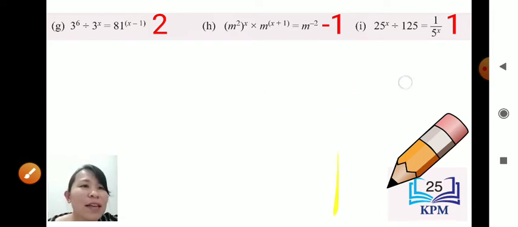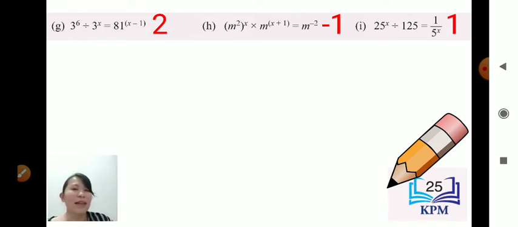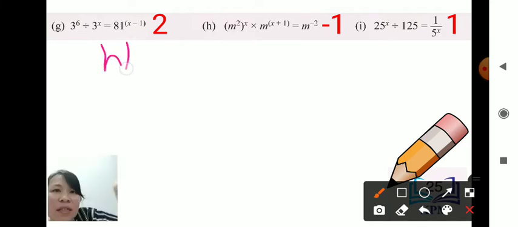Wait a second. Second last question, H. Okay, this is easy. They have the same base, m here. We need to compare the index only. For these brackets, you can just multiply, 2 times x. Multiplication, you add.